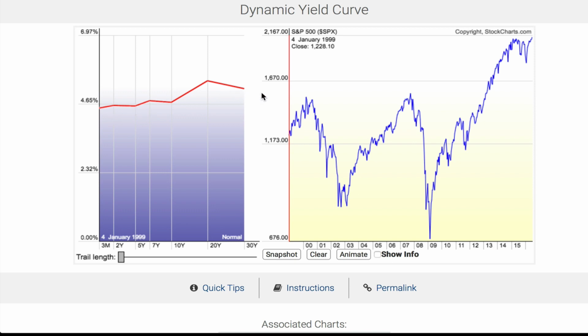And this is still a positive yield curve, but as we get toward the crash of the NASDAQ, you'll see that this curve starts to flatten and short-term interest rates go up. This means that investors are nervous, and here you'll have a completely inverted yield curve. Investors charge more for the government to borrow their currency for 3 months than they do to loan it to them for 30 years.